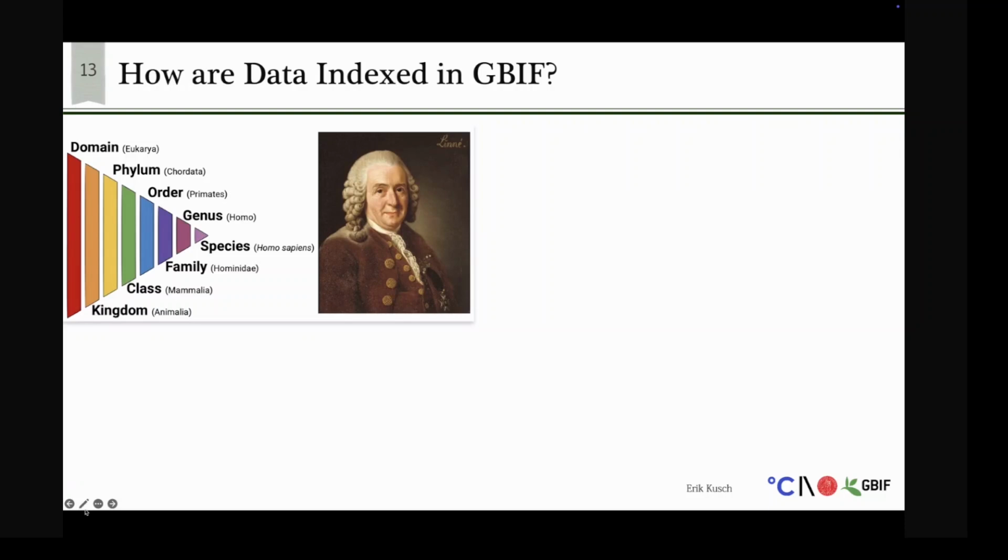So while the binomial nomenclature that we usually work with when we talk to each other about species is really useful for us as humans to understand, it is not entirely practical for machines and for use of data in perpetuity. So GBIF indexes data differently.